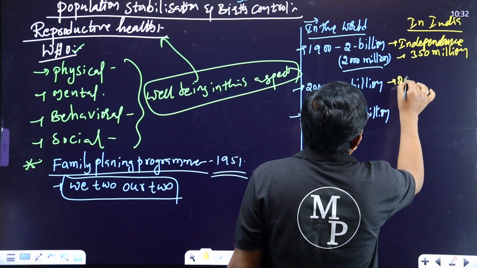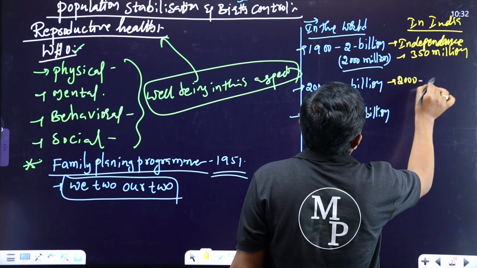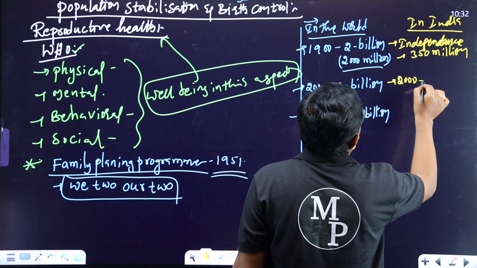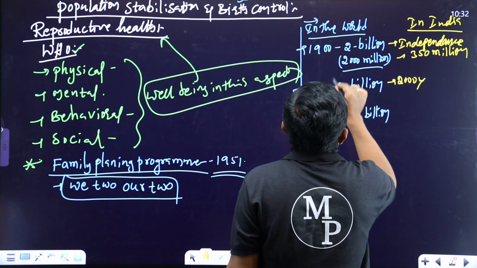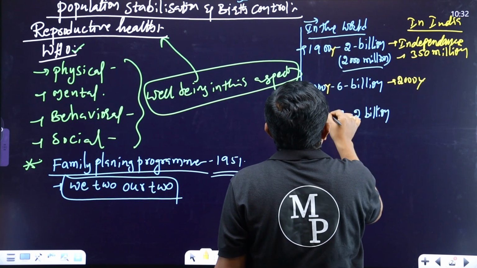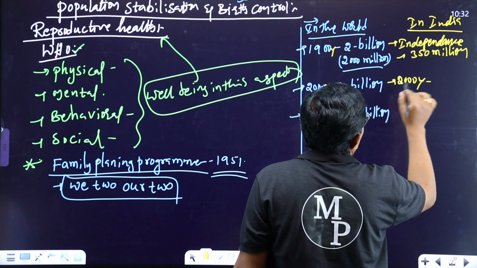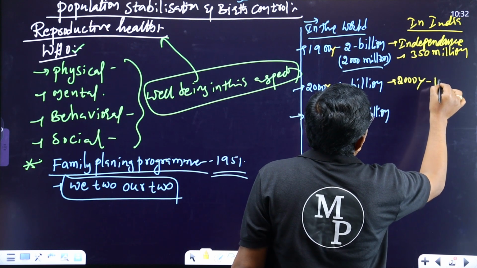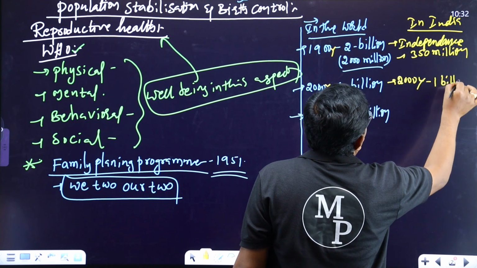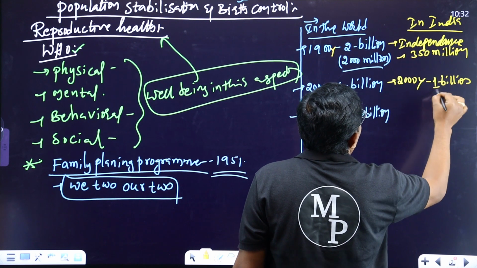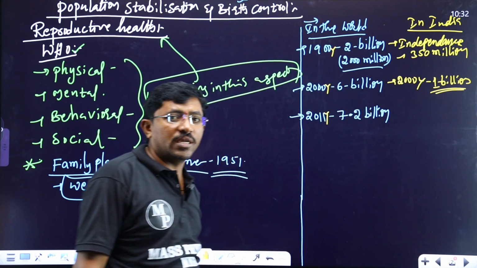And in the year 2000, it reached 1 billion population.